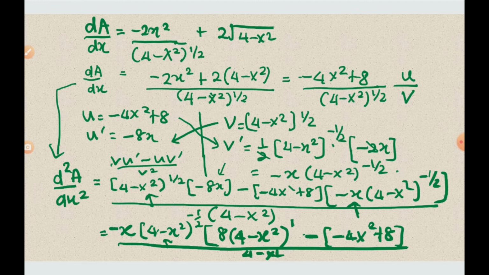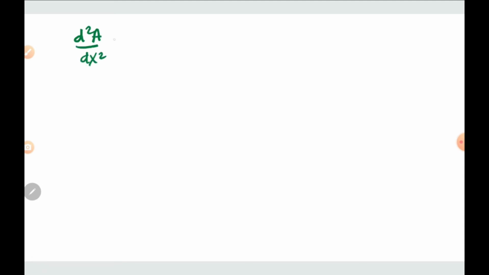Then we will simplify to get d squared A/dx squared is equal to negative x.